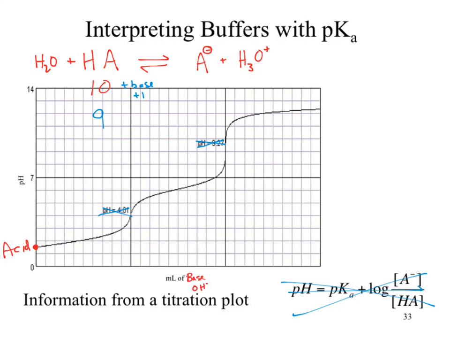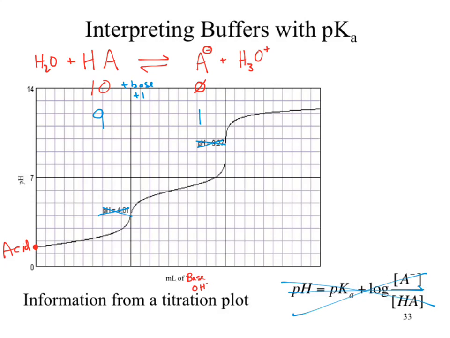Anything? It has to increase. Right? And if we're at a purely acidic environment, we're saying there is no A minus to start. But now that we add base, we're starting to convert HA into A minus. So with a small amount of base, HA goes down, A minus goes up.